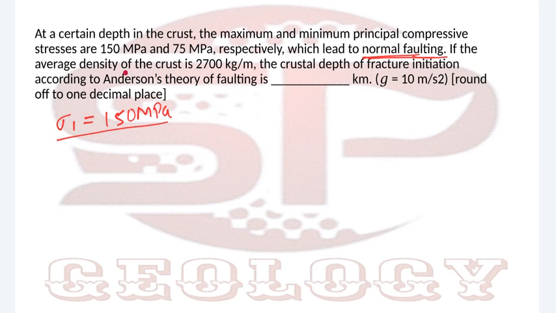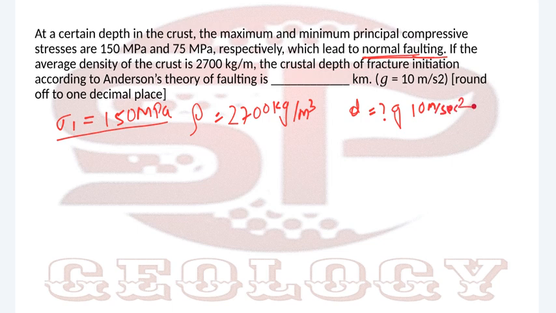The average density is given as 2700 kg per meter cube. For the crustal depth of fracture initiation, I have to find out the depth D. G is given as 10 meter per second square. Sigma 1 will be rho g into D.